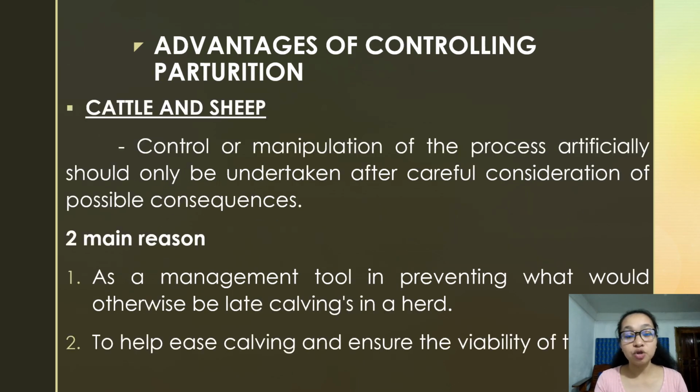In cattle and sheep, control or manipulation of the process artificially should only be undertaken after careful consideration of the possible consequences, like as a management tool in preventing what would otherwise be late calvings in a herd, or to help calving and ensure the viability of the calf.